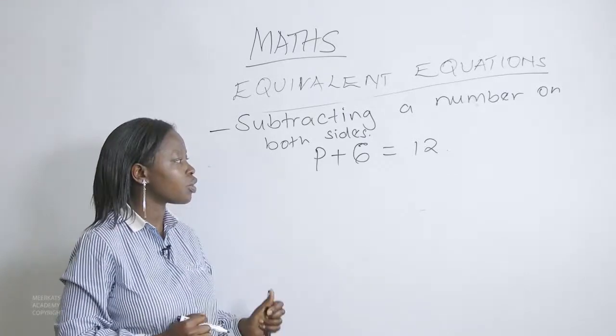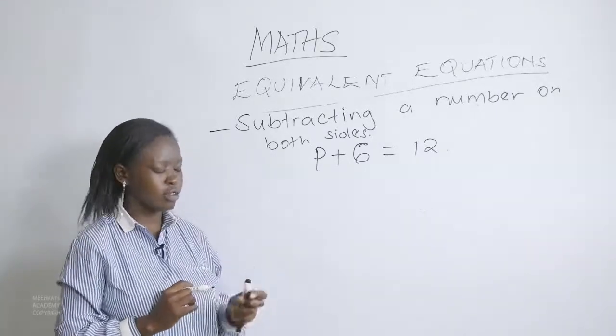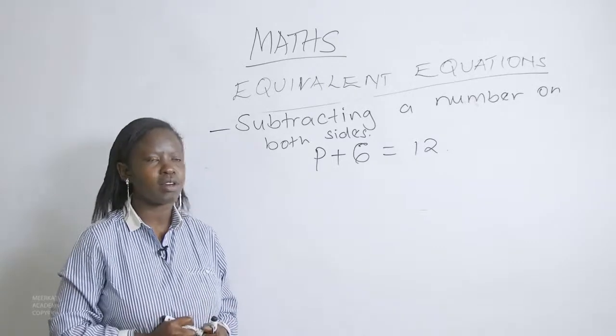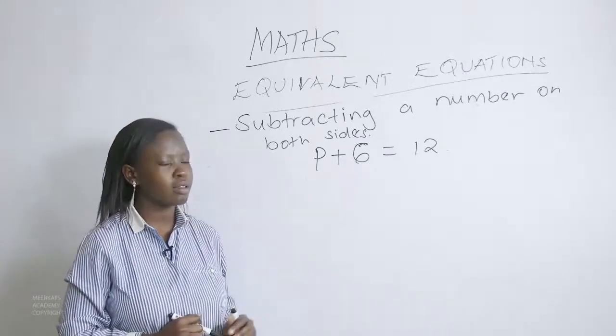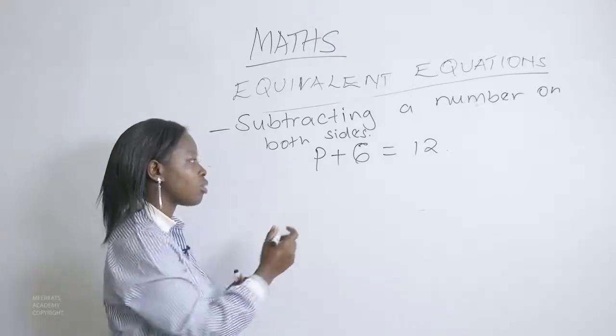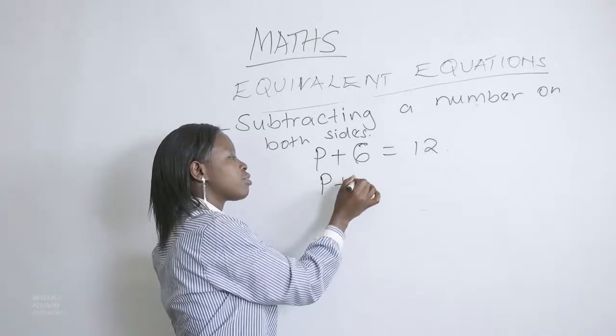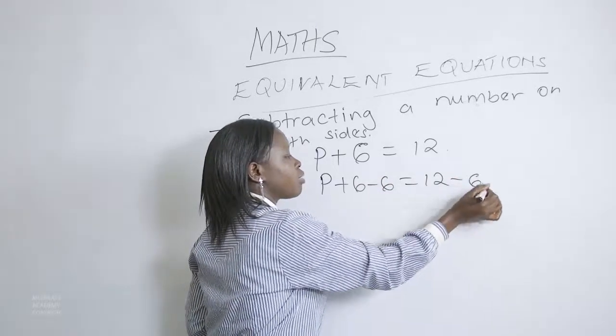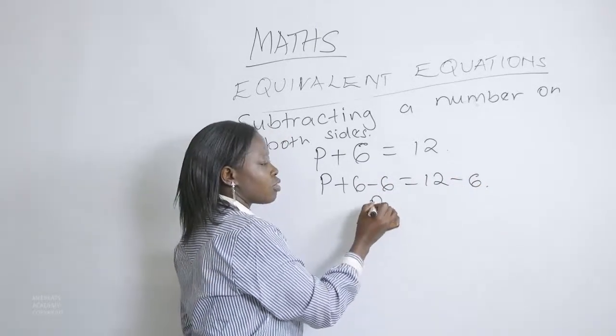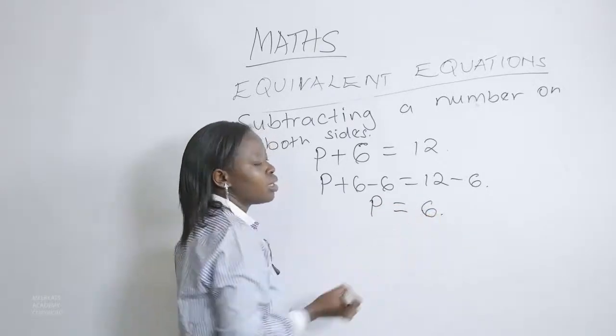It makes my equation an equivalent. In that, if in this case I need to get the value of p, for instance, I will have to subtract 6 on both sides, so that I'm having p plus 6 minus 6 will be equal to 12 minus 6. So this means that the value of p will be 6.